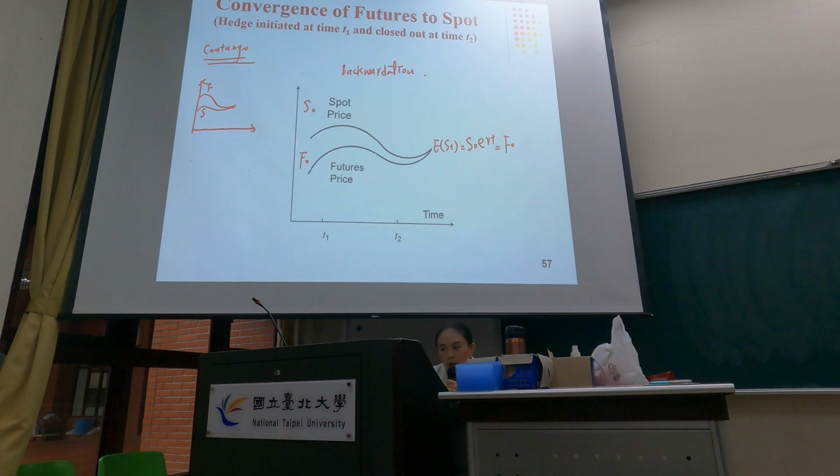And then still following the same rules, at the end, if there is no arbitrage opportunity, the expected value of ST would equal S0, and E(ST) would equal F0. The process of convergence is the same, but they are starting from different stages. So far so good?